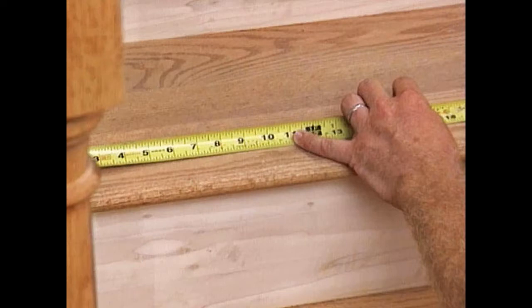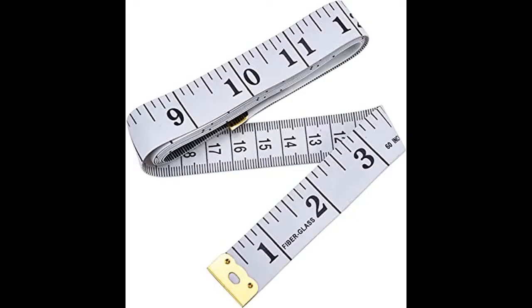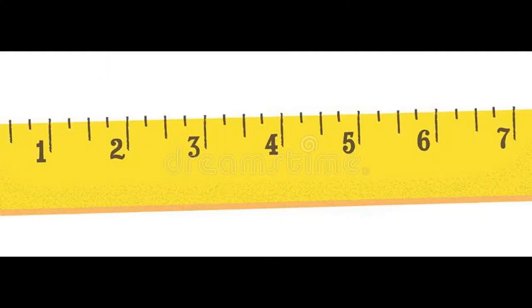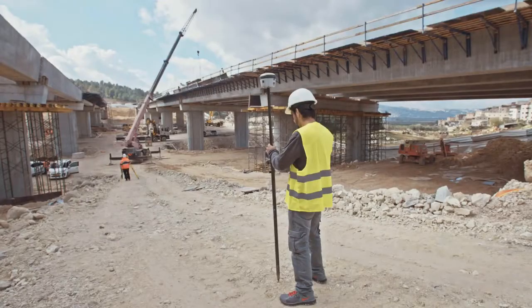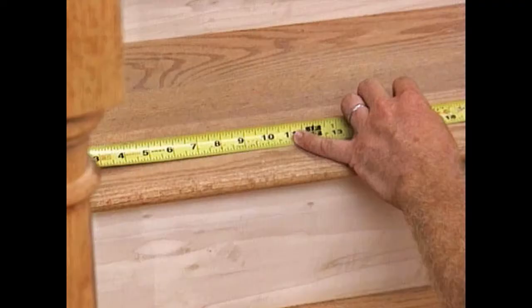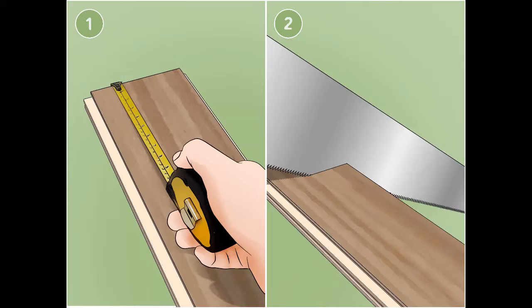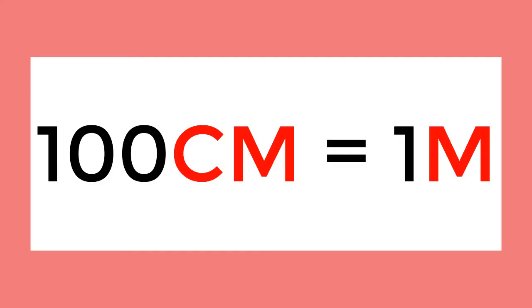So the standard unit of measuring length is the meter. And units of measurement are millimeter, centimeter, meter and kilometer. We measure small lengths like the length of a pencil, a book, photos, etc. in centimeters. 100 centimeters make 1 meter.